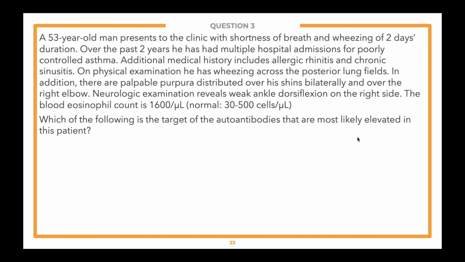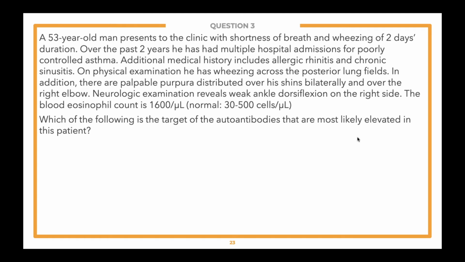A 53-year-old man presents to the clinic with shortness of breath and wheezing of 2 days duration. Over the past 2 years, he has had multiple hospital admissions for poorly controlled asthma. Additional medical history includes allergic rhinitis and chronic sinusitis. On physical examination, he has wheezing across the posterior lung fields.